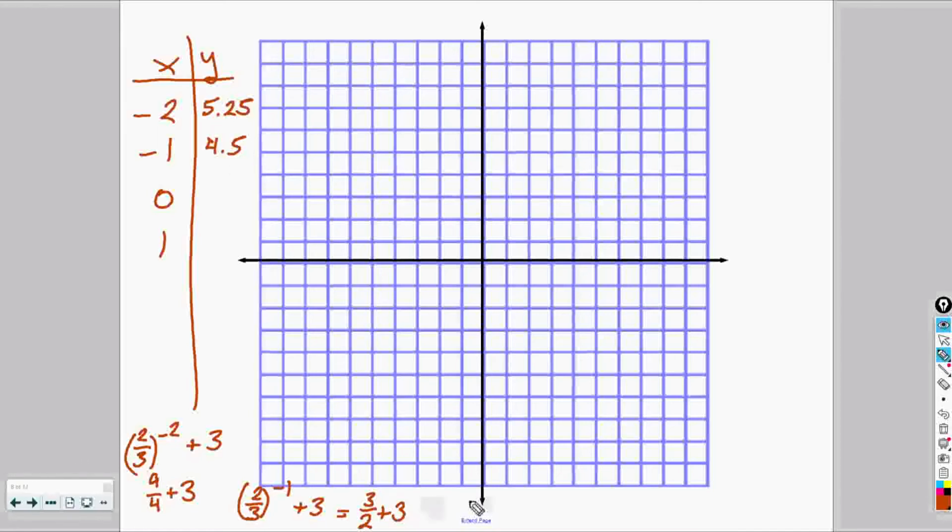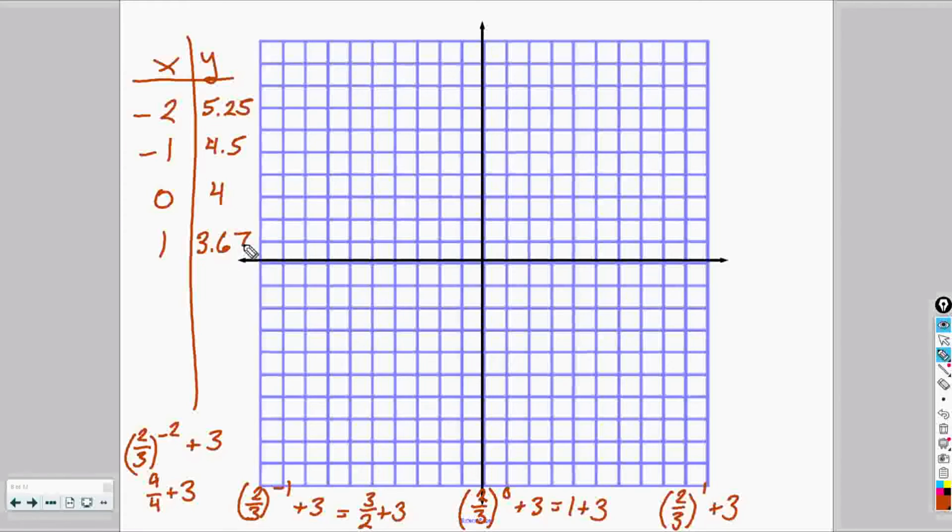If we plug 0 in, this one's rather simple. Remember, anything to the 0th power is just 1, so that's just 1 plus 3, or 4. And then if we plug in 1, we have 2/3 to the 1st power plus 3, which is just 3 2/3, or 3.67. I'll round to the nearest hundredth there.